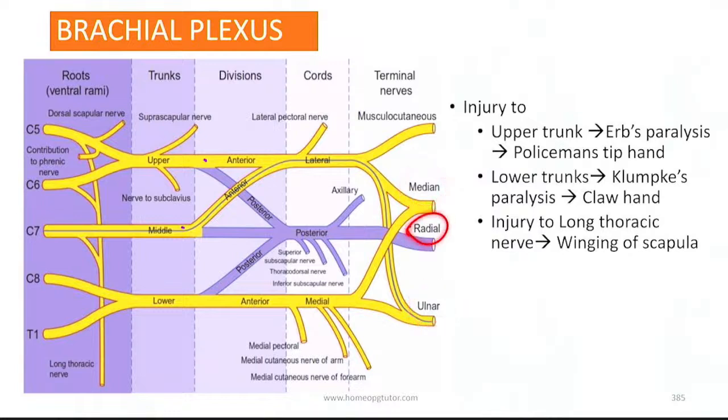The radial nerve is the termination of the posterior cord. And the ulnar nerve is formed from the medial cord. The radial nerve is directly from the posterior cord, and the musculocutaneous nerve is directly the terminal branch of the lateral cord.